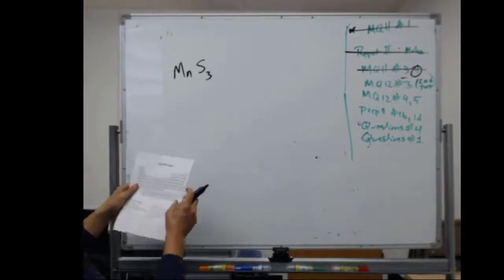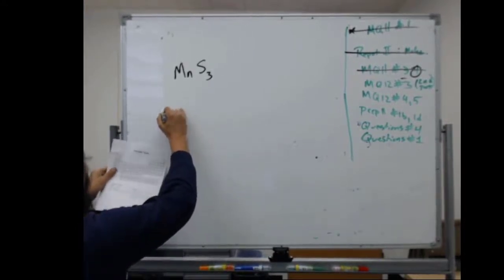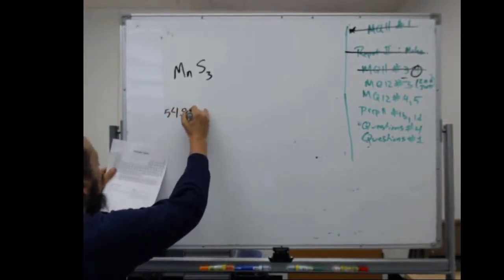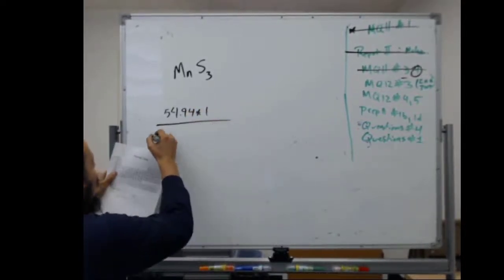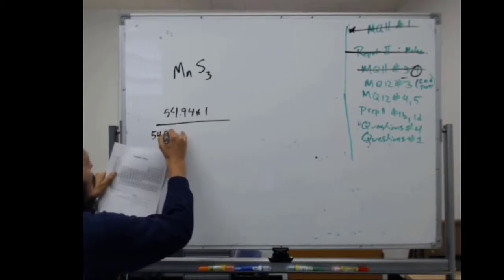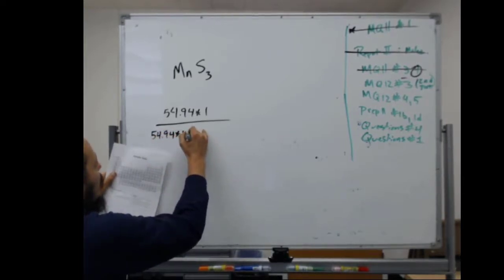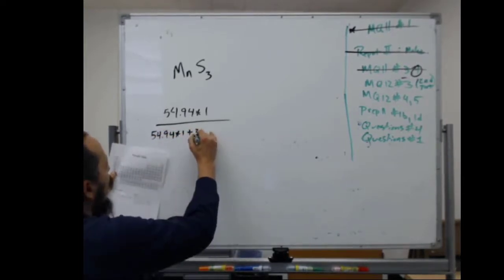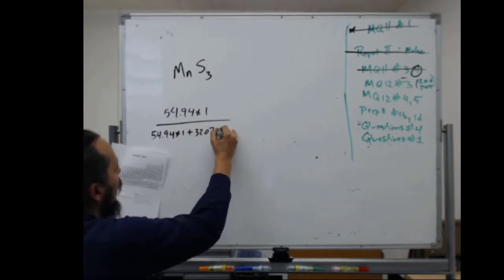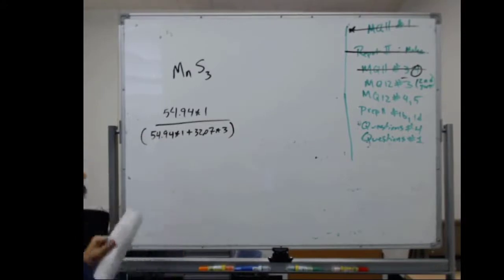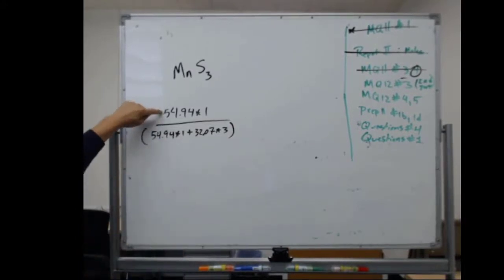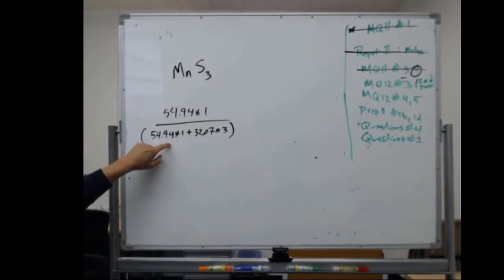Since I've got one manganese, I can put 54.94 times 1 on top. That's my one manganese. Divided by 54.94 times 1 plus 32.07 times 3. Right? And this calculation should give me the mass of manganese divided by the total mass of the compound, which will give me some fraction.